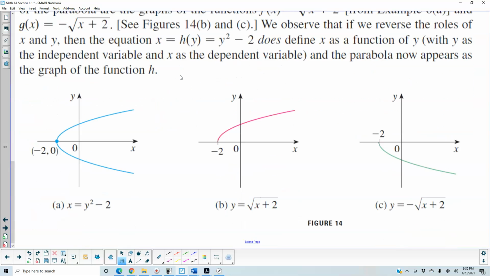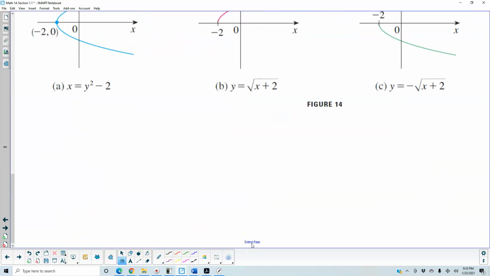So what do they mean by that? That means that if we solve the equation x equals y squared minus 2 for y, then we would add 2 to both sides. So we would get y squared equals x plus 2. And then we take the square root of both sides.